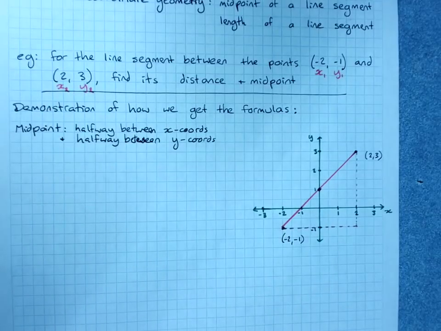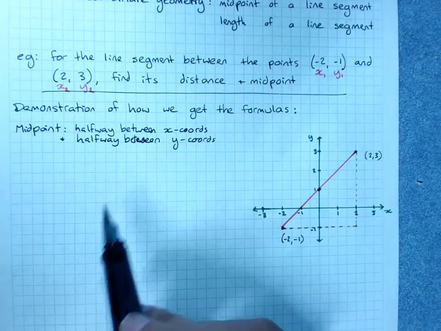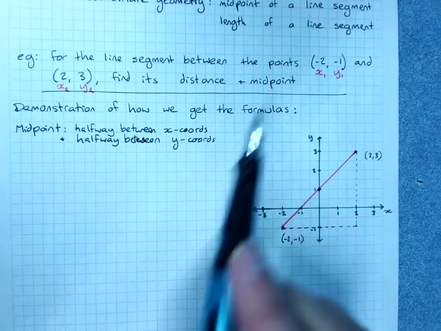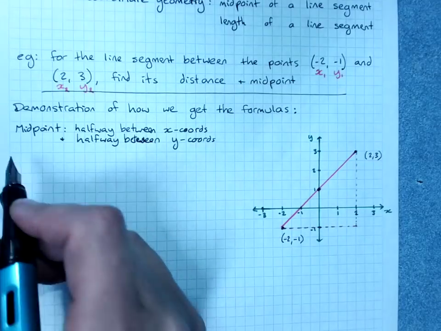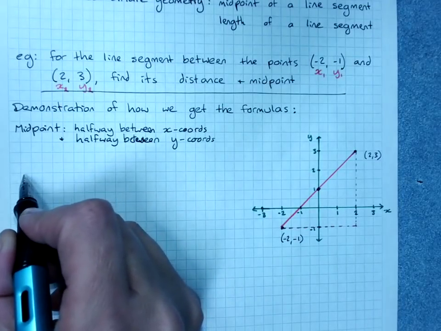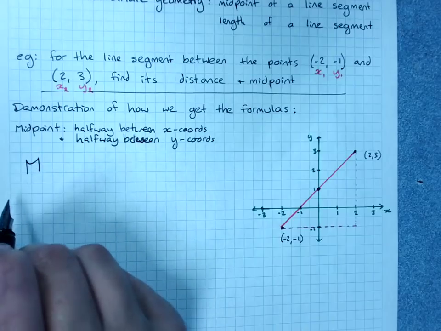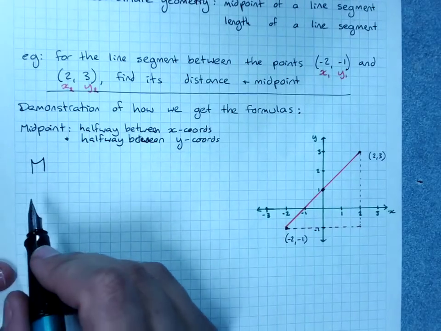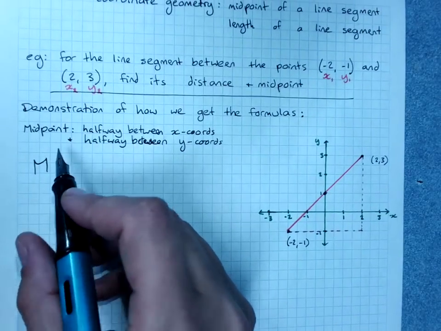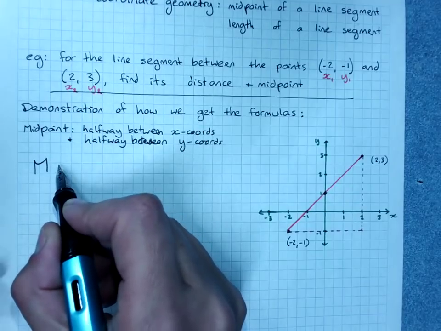So all we need is a formula that says find the average of the x's, and that's your x coordinate. Find the average of the y's, and that's your y coordinate. Your midpoint formula, capital M for midpoint, do not use a smaller m, smaller m is for gradient. We'll talk about gradient later.